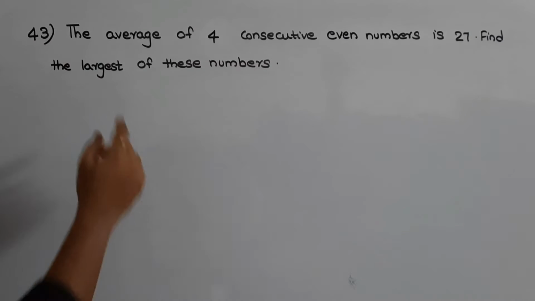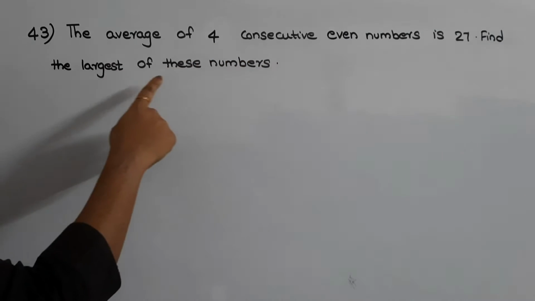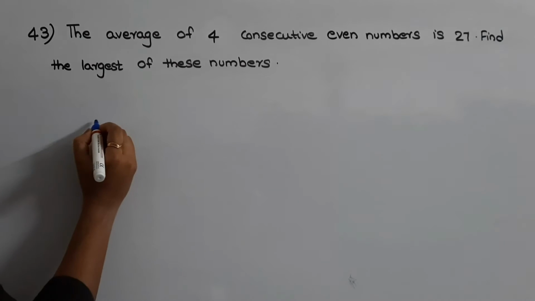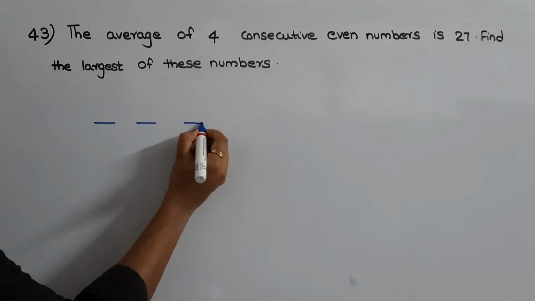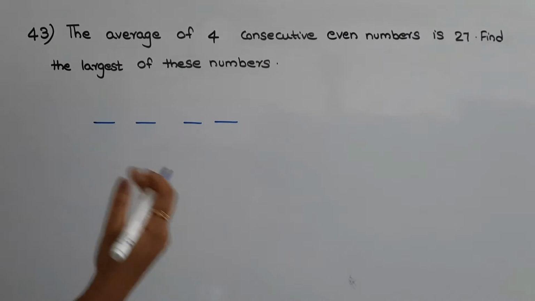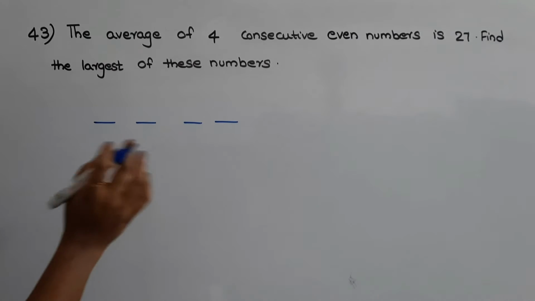The next question is, the average of 4 consecutive even numbers is 27. Find the largest of these numbers. In this question they are telling that there are 4 consecutive even numbers, and the average of these 4 consecutive even numbers is given as 27. We know that the average of consecutive numbers is the middle number.